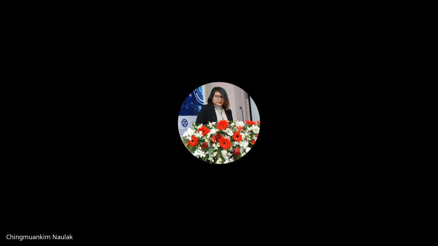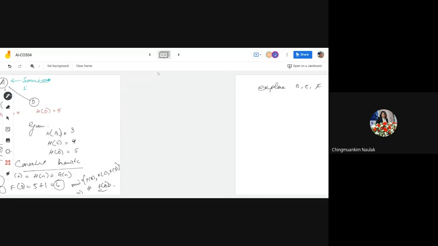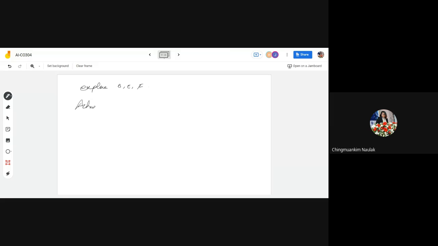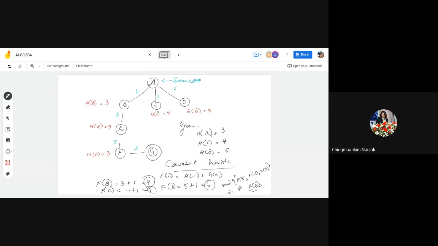Now you're going to move forward. Let me do it in the next page. Now you'll explore B, E, and F. But before that, you have to calculate the actual cost, okay? So what is the actual cost? Actual cost of reaching the goal node, starting from here, is 1 plus 3 plus 5 plus 2.